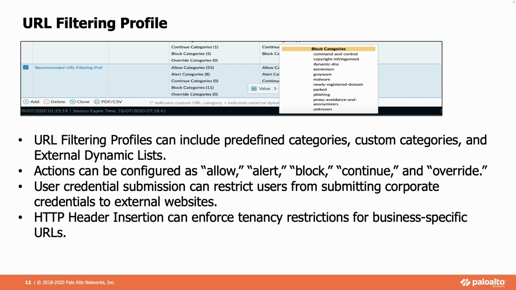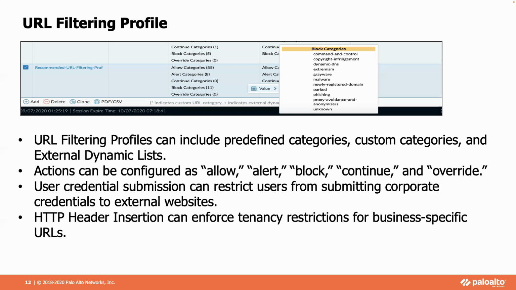There's a couple of other things, continue and an override process. Continue process lets you take a category and say, you know what, I'm going to put up a conditional block page, but I'm going to give my user a button to continue on and get past that block. I'm going to go ahead and log that.